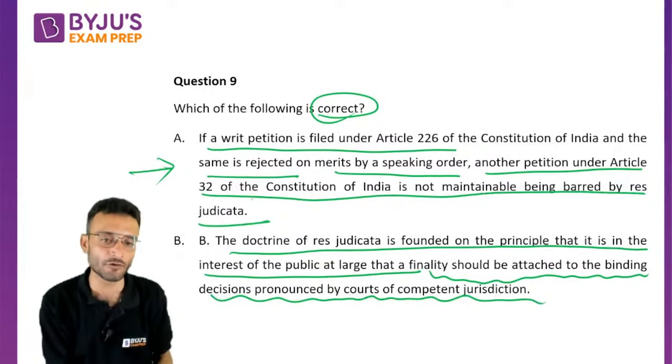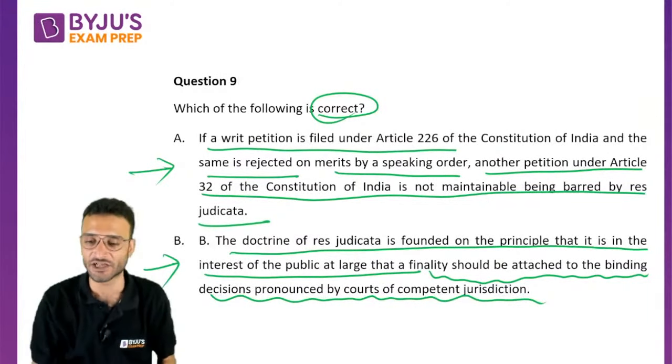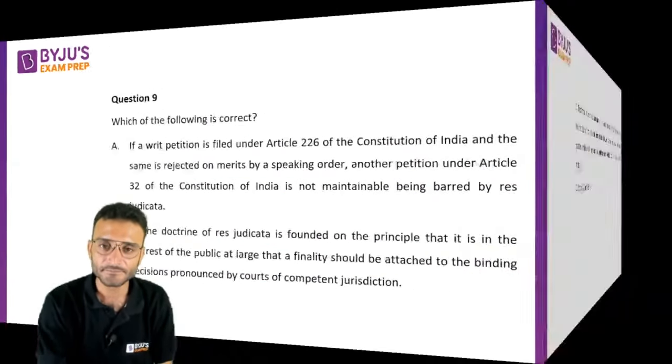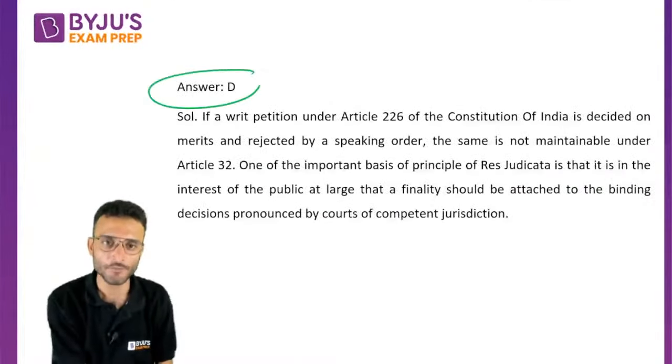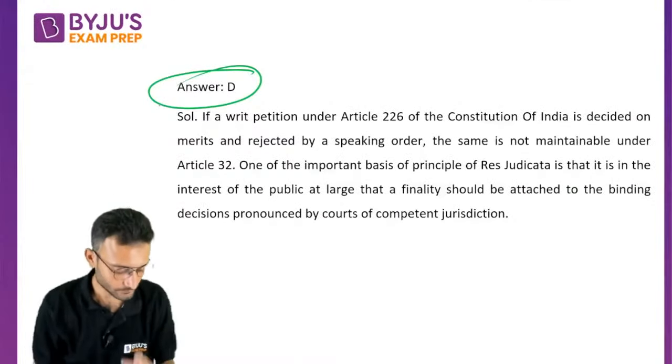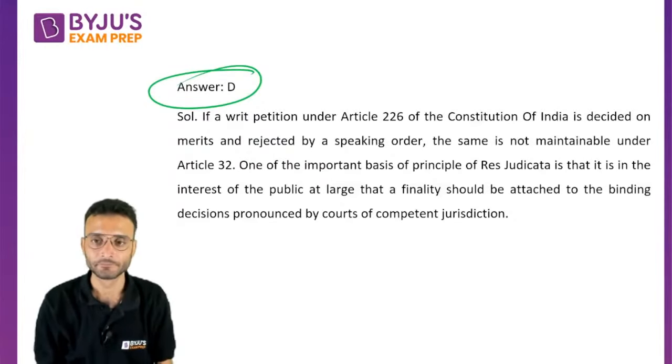There has to be a certain amount of finality that is attached to a judgment of the court. So the correct answer happens to be option D. Is that clear? Each and every one of you.